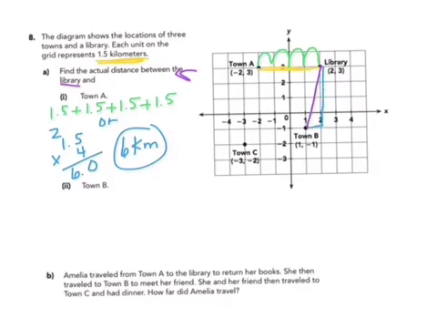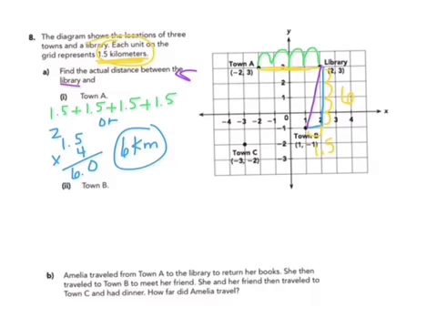And keeping in mind this 1.5 kilometers, this leg is 1.5. This leg, 1, 2, 3, 4, that's 4 units up. So that is 1.5 times 4, or 6 for the leg.